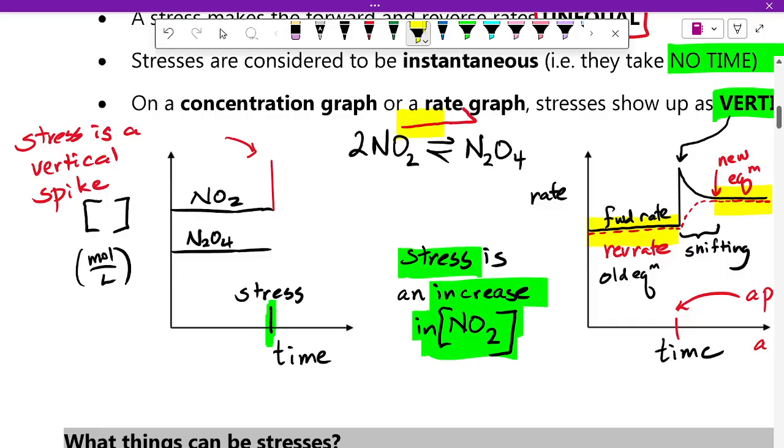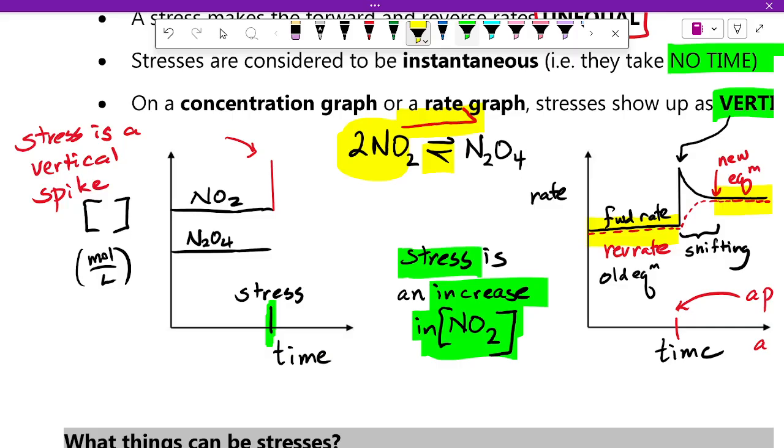This is how much we're using. This is how much we're producing. What's going to happen to the concentration of NO2? It decreases because we are using it faster than we are producing it.